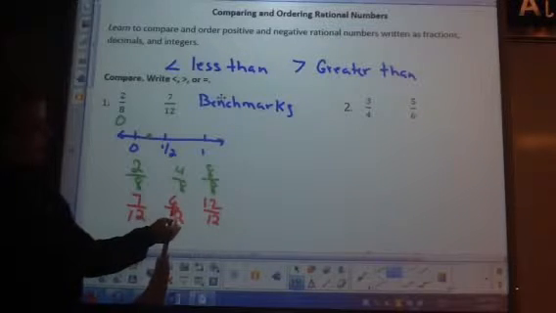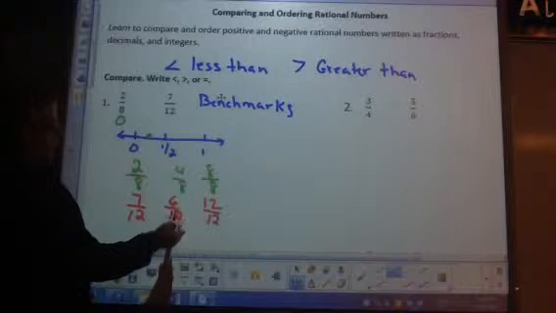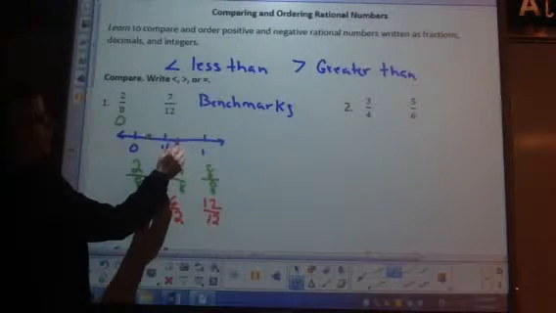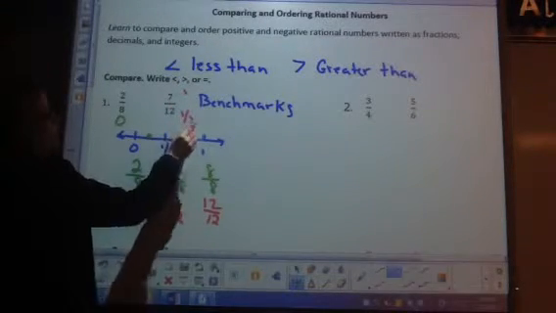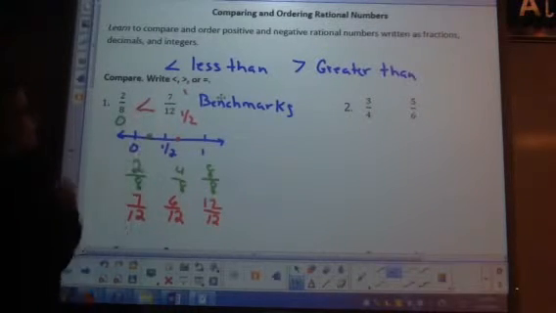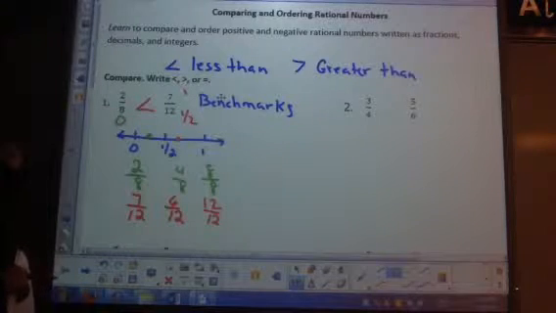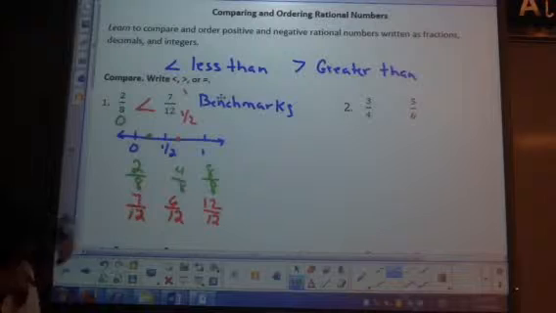No. So we have to go to a half or 1. Well, 7/12, is it closer to a half or 1? It's going to be closer to a half, but it's going to be on this side. So this benchmark, let's put it right here, is 1/2. So when you look at your benchmarks, 0 is less than 1/2. So this is one way you can compare rational numbers, which are your fractions, by thinking benchmarks.